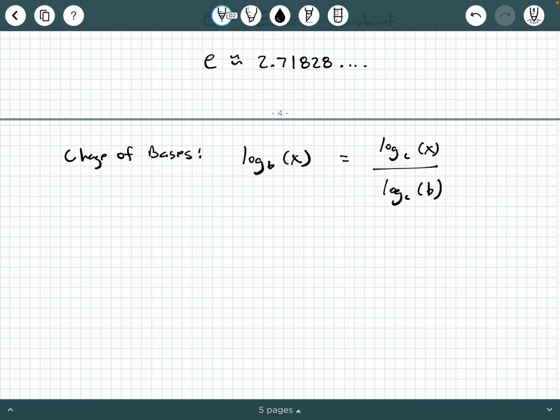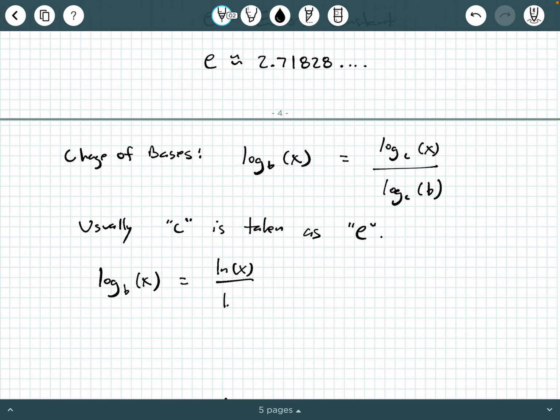Usually c is taken as e, which is this Euler's number that we just talked about. So we often see log base b of x written as ln of x over ln of b. Again, all of this should be a review from Algebra 2 from high school, maybe even Algebra 1. So that concludes our algebra review.